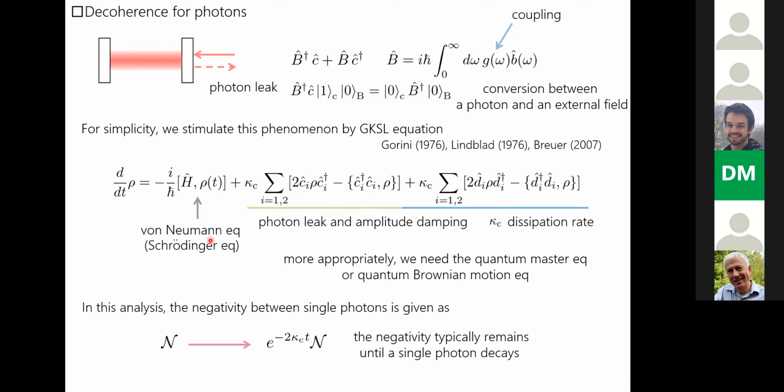Under this time evolution, the negativity between the photons is calculated like this, where kappa C is the dissipation rate appearing in the non-unitary part. This formula shows that the negativity is very small when the photons are dissipated.